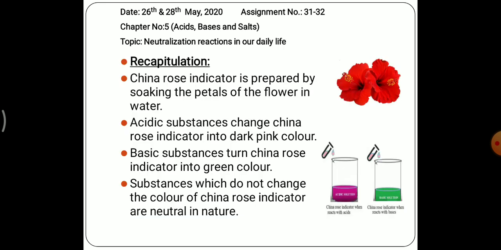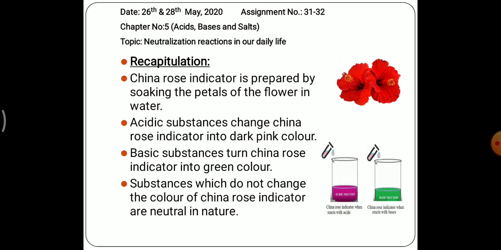So first we will recapitulate what we did in yesterday's class. We studied about China rose indicator and how it is prepared also. I think you might have seen China rose in a garden also. It is a flower.